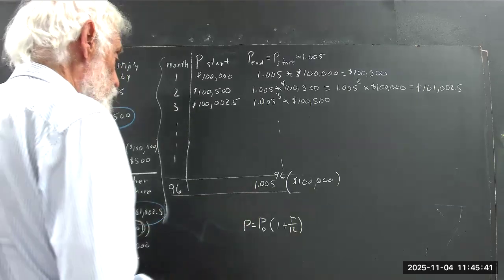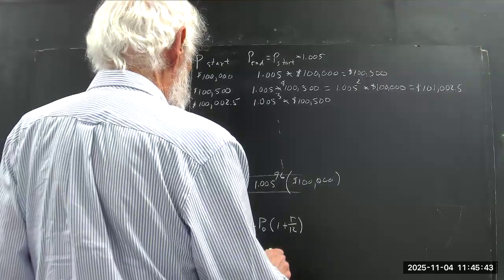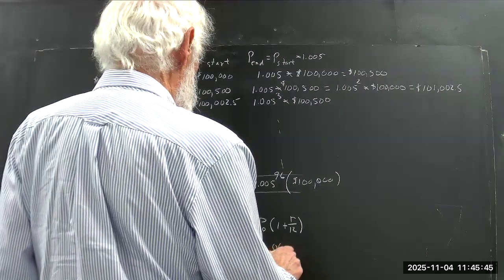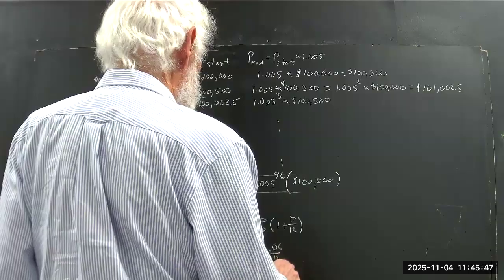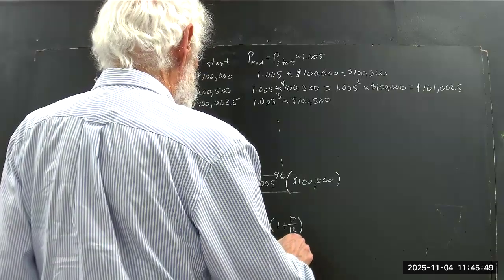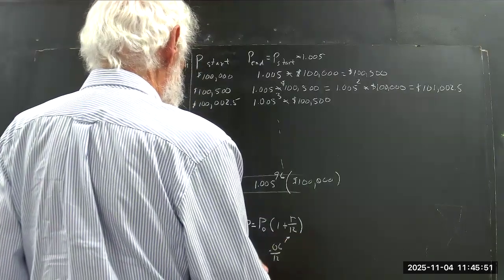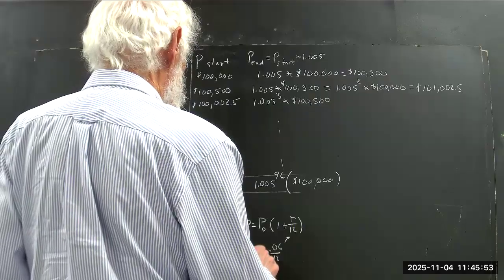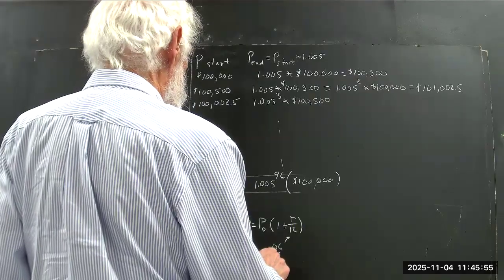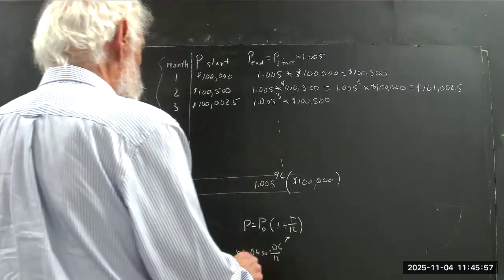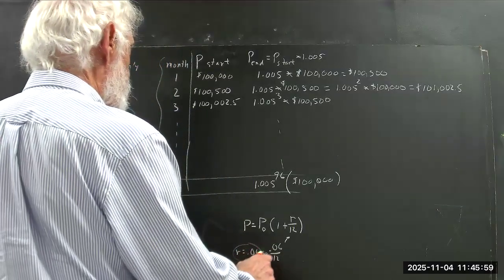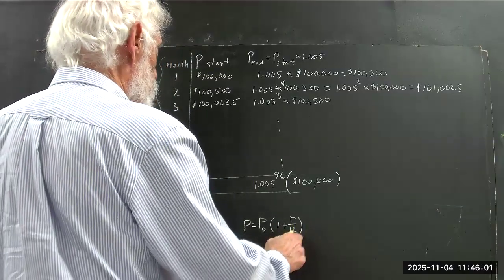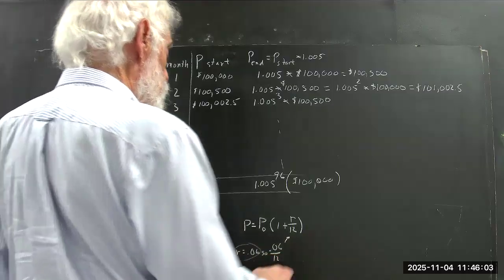So R over 12 in this case is 0.06 over 12. R is 0.06. So R over 12 is 0.06 over 12.